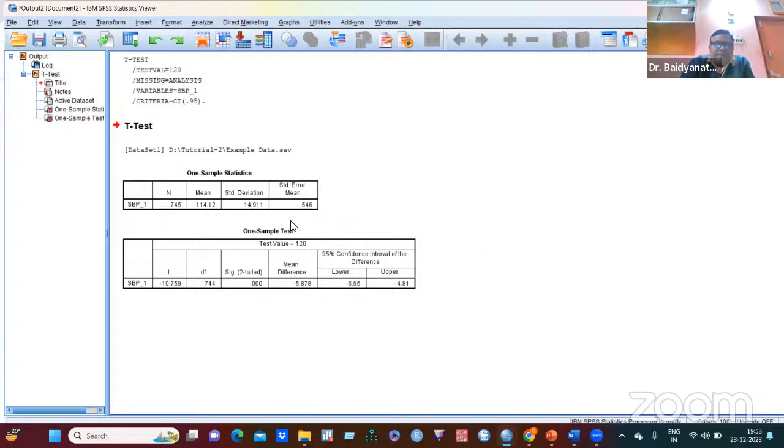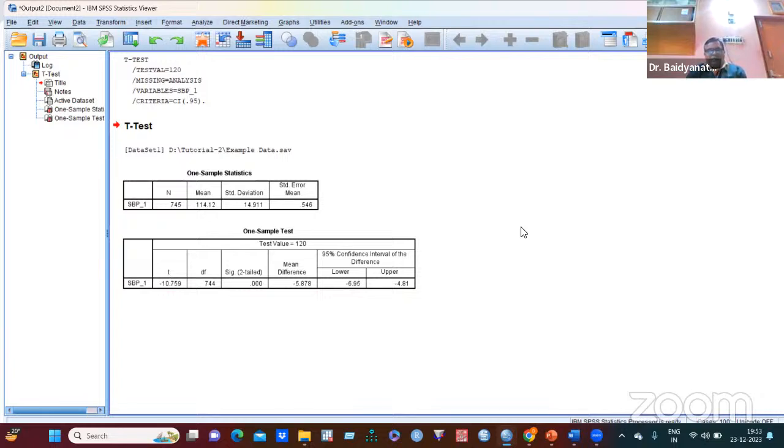And the alternative is that this and these are not equal. The test statistic indicates that this is significant. That's why we reject the null hypothesis and accept the alternative. That's why this value and these values are significantly different.